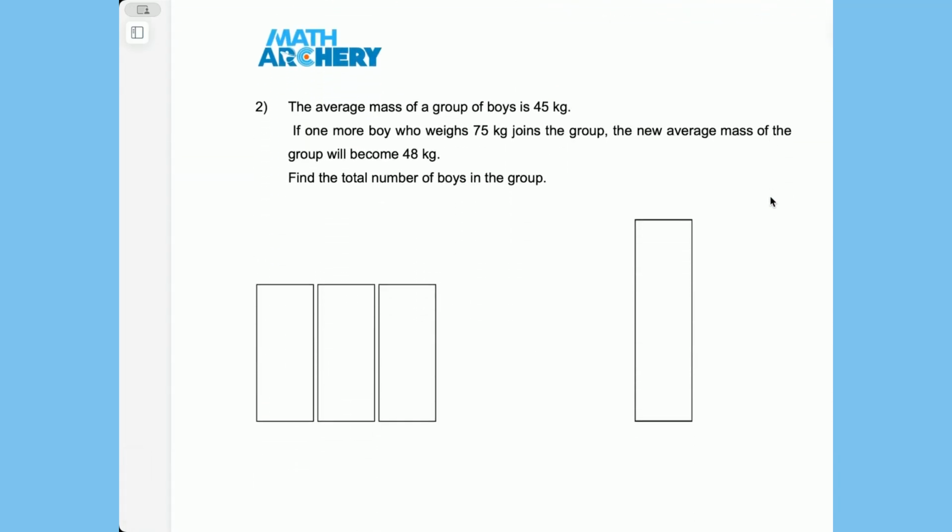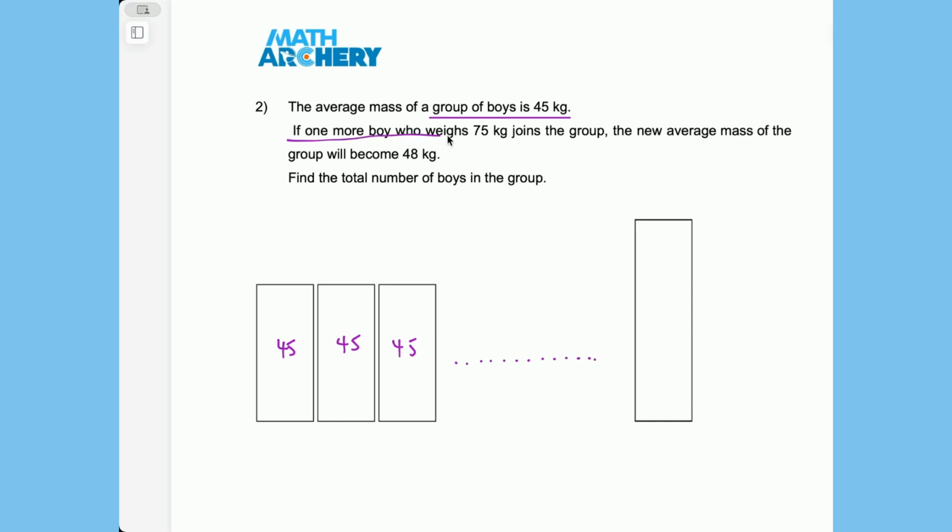Now, the average mass of a group of boys is 45. So 45, 45, 45. Now, we don't know how many boys there are in this group.